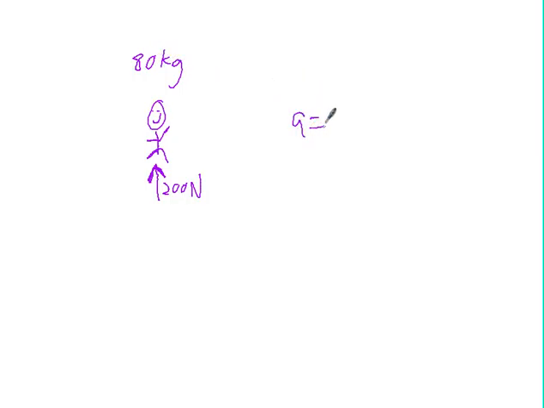So acceleration equals net force over mass. Do we know the mass? Sure we do, it's 80. Do we know the net force? No, we don't. But we can figure that out.